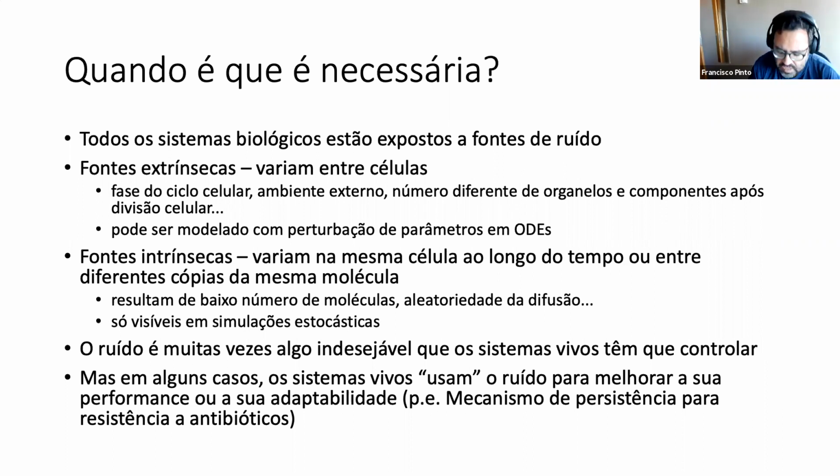So the stochastic factor of the collisions that give rise to the chemical events, to the reactions, becomes more dominant. You cannot predict accurately how many events are going to happen in the next second, for example, because the probability that the molecules collide or not is not very precise.